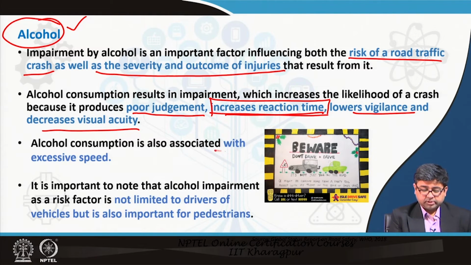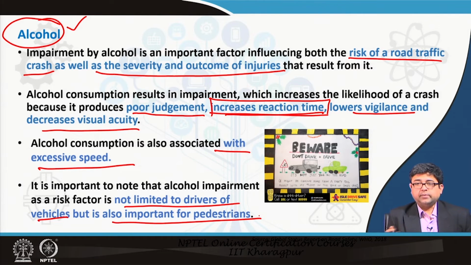Alcohol consumption is also associated with excessive speed. The alcohol impairment is a risk not limited to the drivers of the vehicles, but is also important for the pedestrians. Even pedestrians should be aware of the environment while they are walking if they have consumed alcohol, and should not always be blaming it on the motor vehiclists. Pedestrians should also be very careful while crossing a road if they have consumed alcohol.